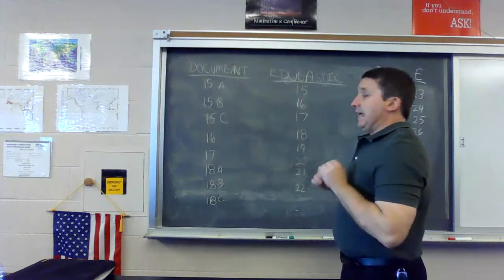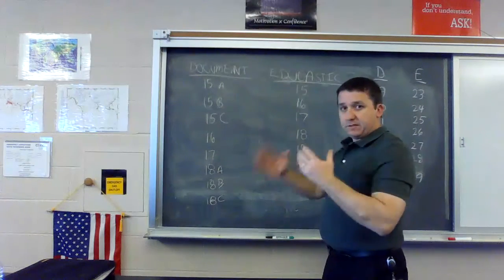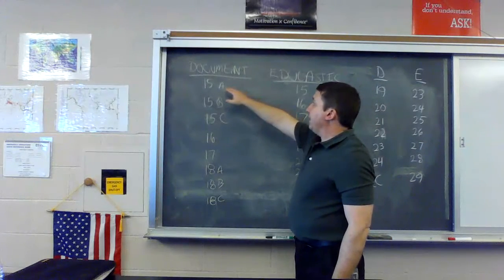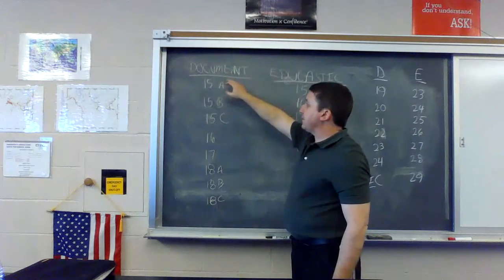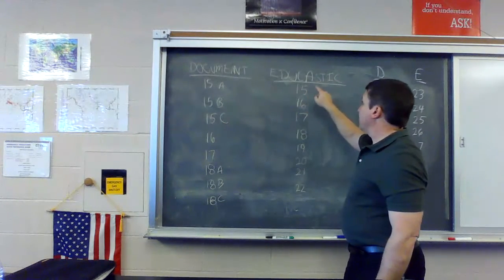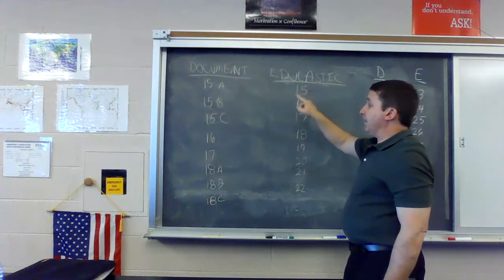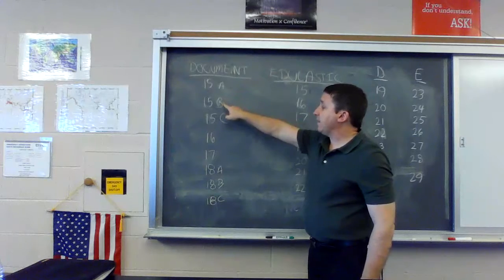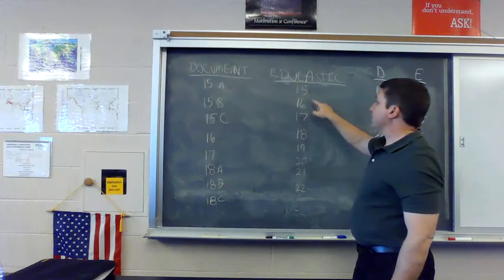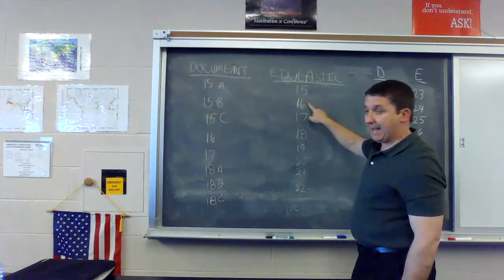So, in Edulastic, for the document, when you sit here taking the test, you get to the first projectile motion problem. Then, on the document it says 15A, B, and C. Well, 15A should correspond to question 15 in Edulastic, and then the maximum height, 15B, is going to correspond to question 16 on Edulastic.